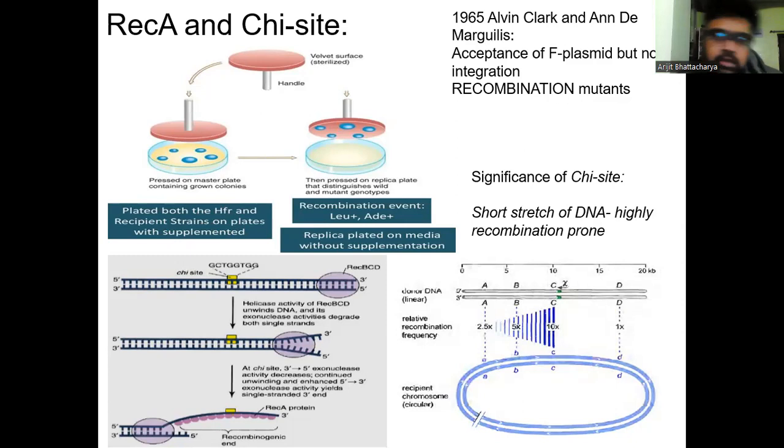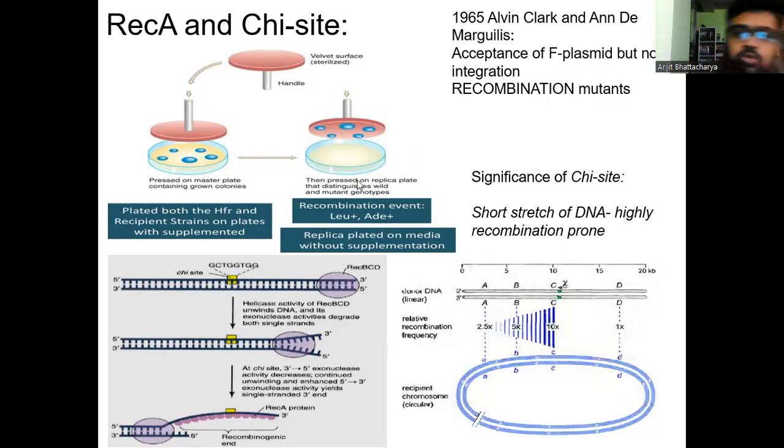In normal conditions, the recipient strain would allow some recombination. The recipient strain was mutant in leucine and adenine synthesis. So following the uptake of the DNA from the Hfr strain, these would become leucine plus and adenine plus.